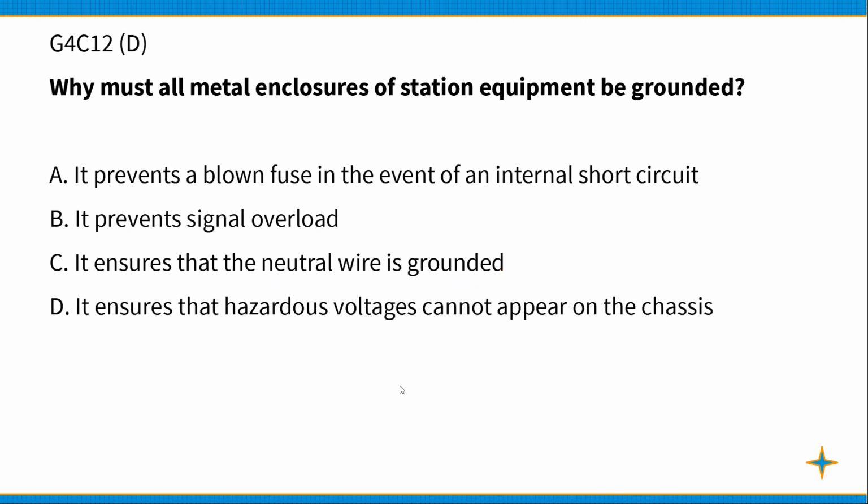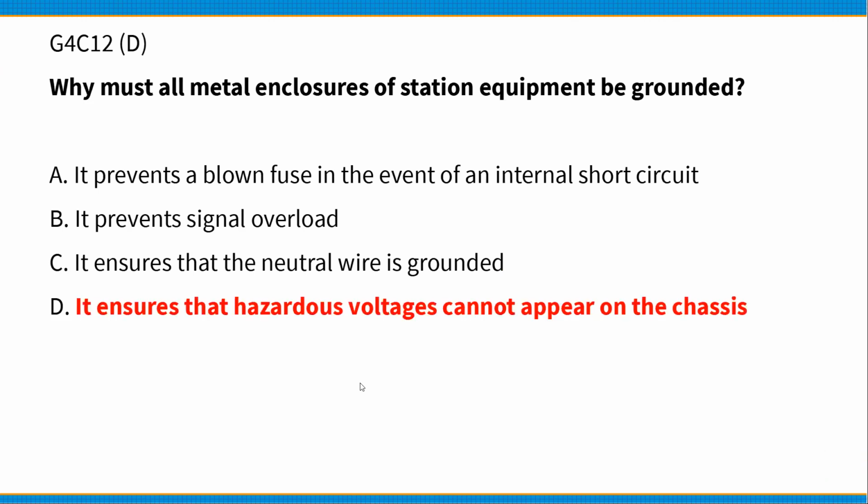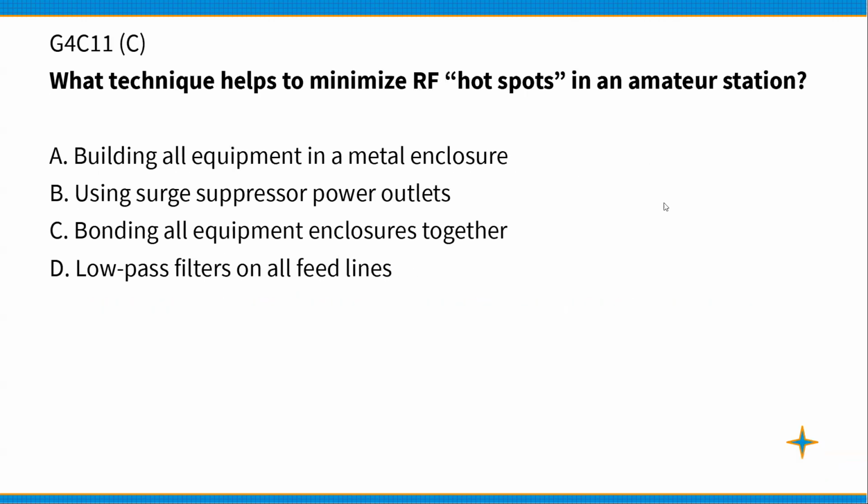So why must all metal enclosures of station equipment be grounded? It ensures that all the chassis are at ground potential. What technique helps to minimize RF hotspots in an amateur station?